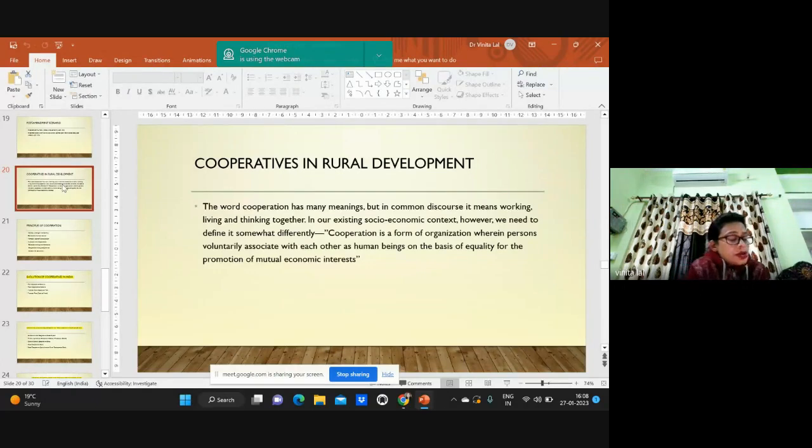They also provide housing facilities for lower income groups. Housing cooperative societies in rural areas assist their members in getting a place to live, and they are primarily involved in helping people from lower income groups get housing facilities at affordable rates.